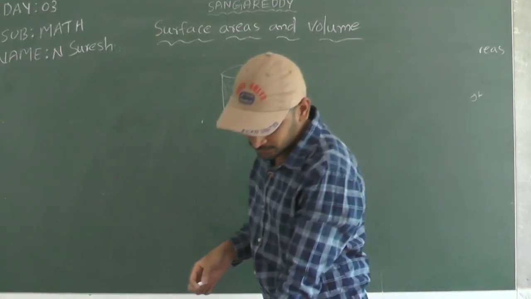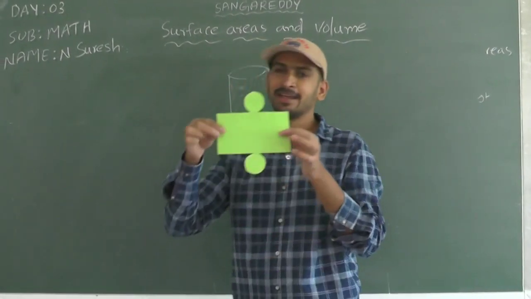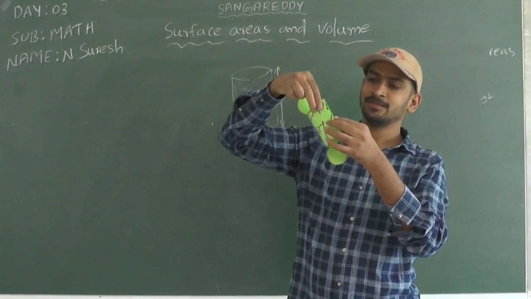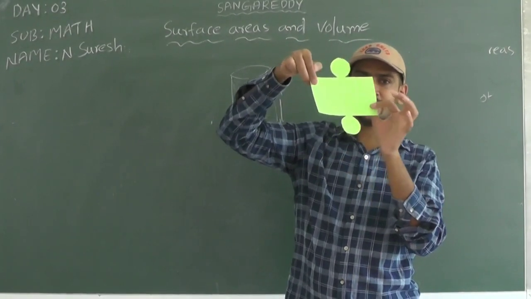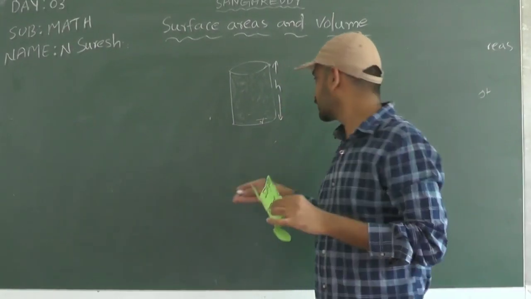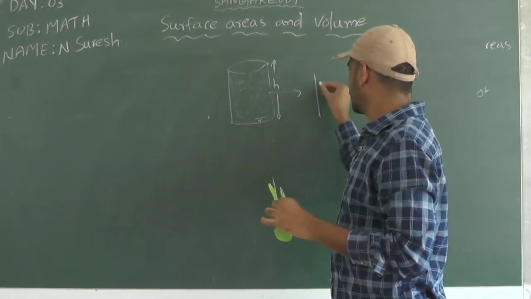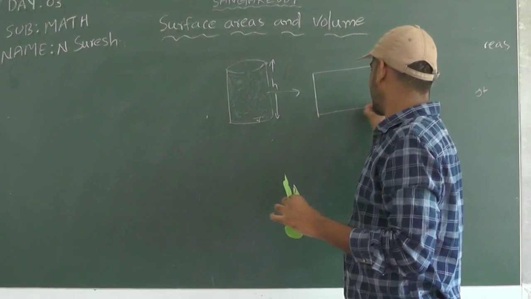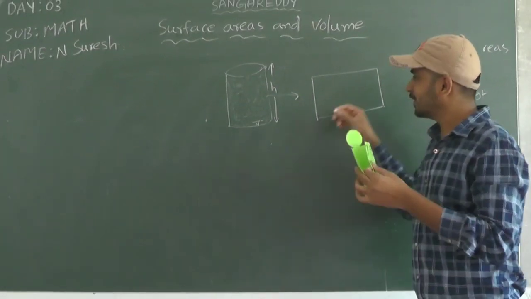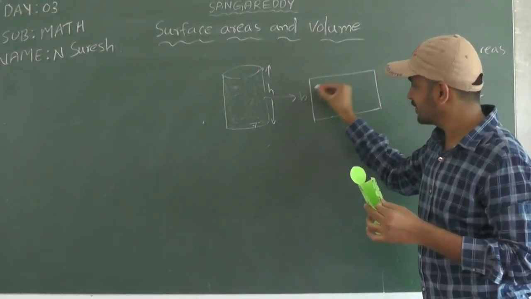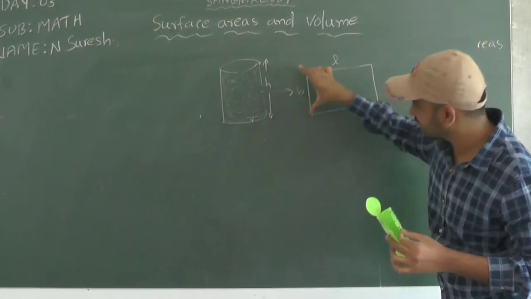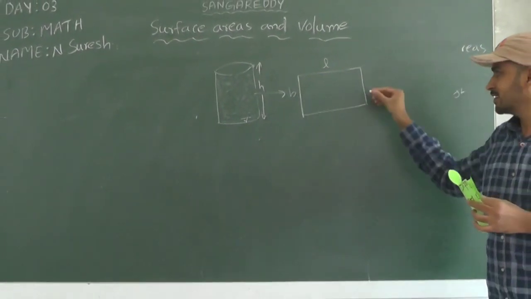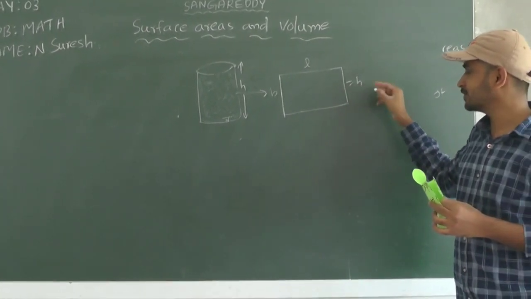Further, we are going to use the net diagram of the cylinder. If we unfold this curved surface area, it becomes a rectangle. Only the curved surface. What is this rectangle? This is the breadth, this is the length. If you observe closely, the breadth of the rectangle becomes the height of the cylinder.